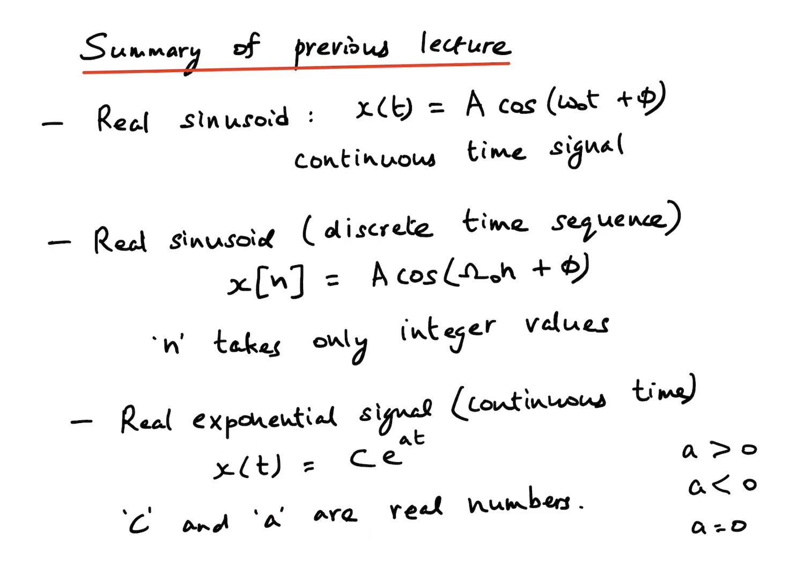We also discussed what the exponential signal looks like when the exponent a is positive, when it is negative, and when it is equal to 0. We have discussed this in the previous lecture.